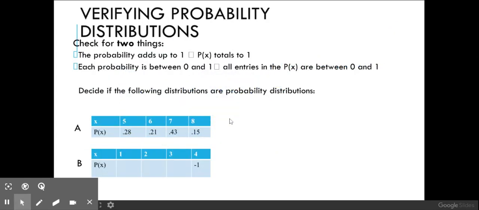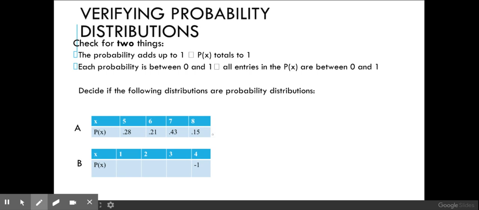Okay, moving on. So now verifying probability distributions, you need to check for two things. The probability adds up to 1, so P of X totals to 1, and each probability is between 0 and 1, so all entries are between 0 and 1. Decide if the distributions are probability distributions. So this first one, all of our probabilities are between 0 and 1. They're all decimals.